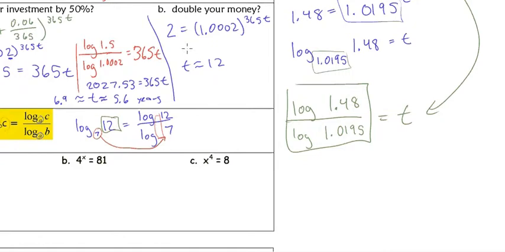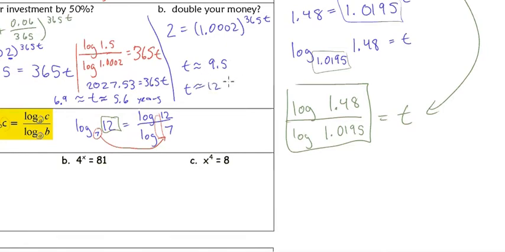If you use the original number, t should be right around 9.5 if you're using 1.0002. And if you didn't round it off, so it's 1.00016, then it'll be closer to 12 years.